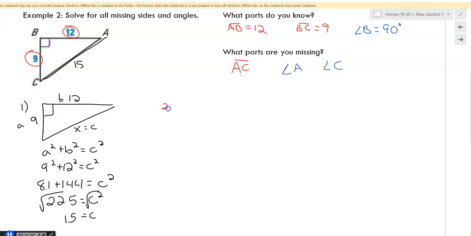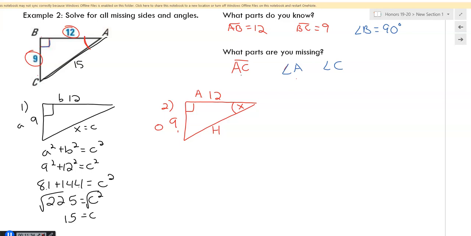Alright, the second thing I'm going to solve for, angle A. Again, I'm going to redraw my triangle, put the pieces that were given to me in, and then x is going here. Now I have an angle and two sides, right? So I'm going to use my trig ratios. Here I have my opposite, my adjacent, and the hypotenuse.